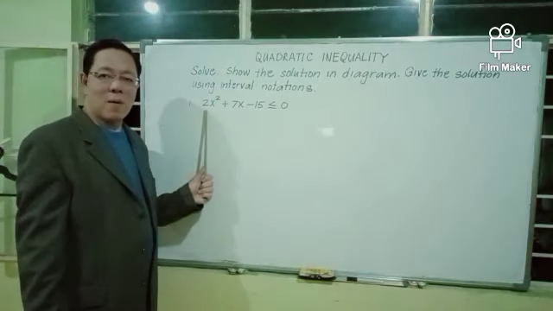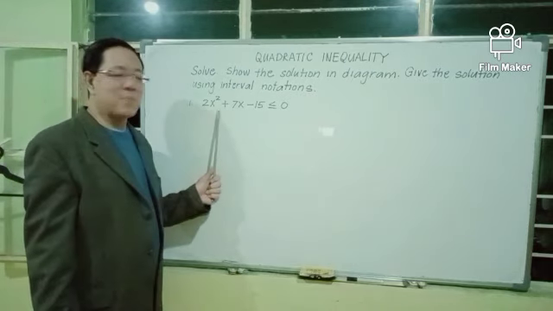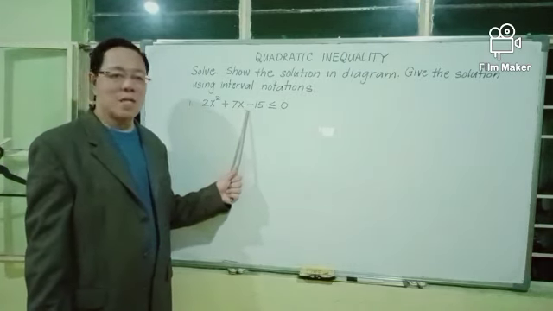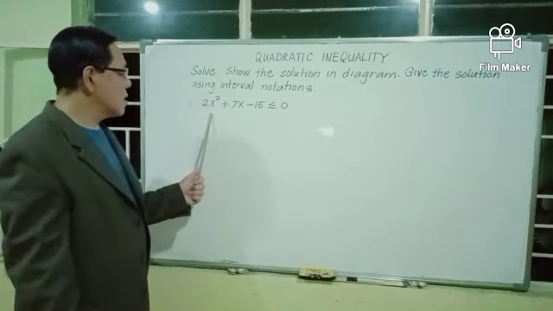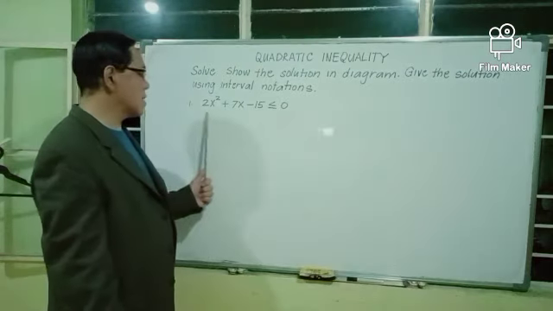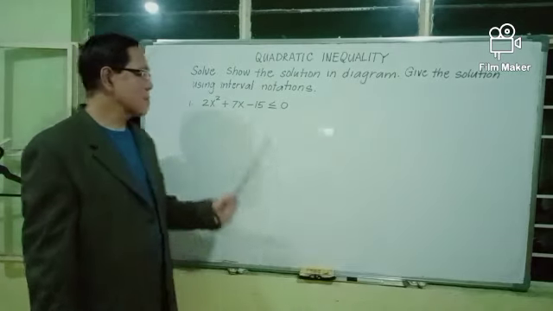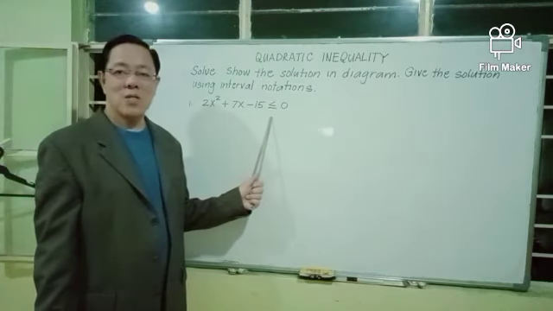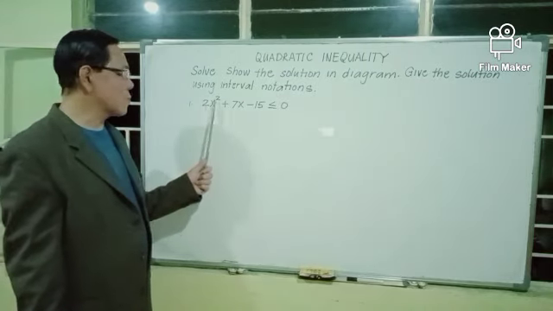This is our first example. We find all the values of x such that 2x squared plus 7x minus 15 is less than or equal to 0. It is in this type of example involving quadratic expression that we will consider two cases. And this is a quadratic expression because the highest exponent of the variable x is 2.